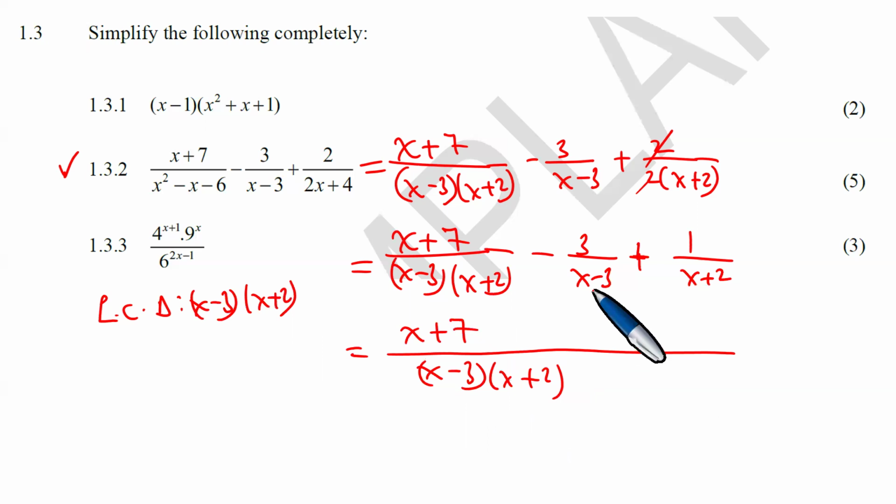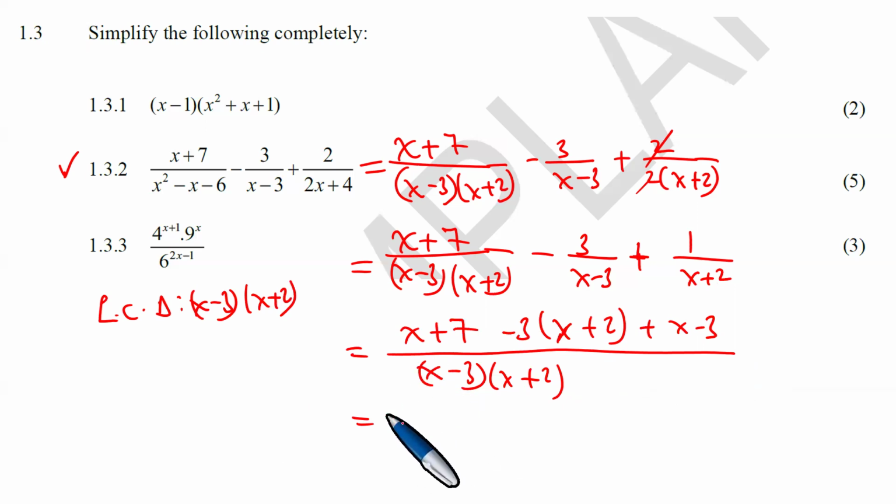This one divided by x minus 3 cancels, and you're left with x plus 2, and then x plus 2 times minus 3, that is minus 3 times x plus 2. Plus, we divide this whole thing by x plus 2, and we get x minus 3 by 1. We have x minus 3. Okay, good friends.